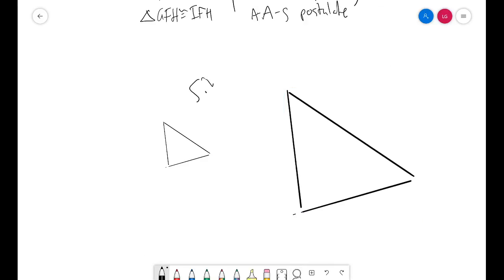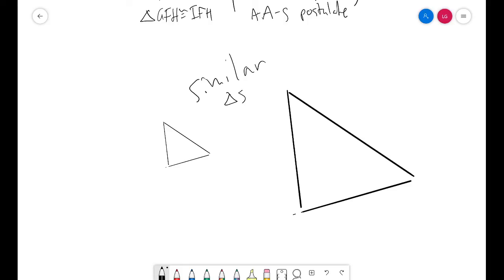The idea of similar triangles. It's a weaker proposition than congruency. Congruency says not only do they have the same angles, they also have the same sides. Everything about them is identical. They're just in different positions or rotated.